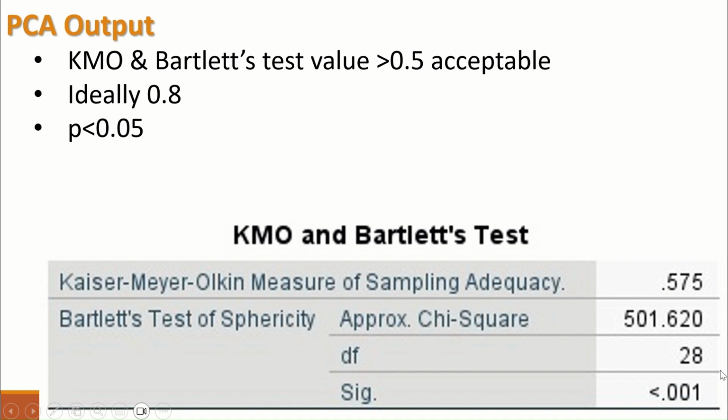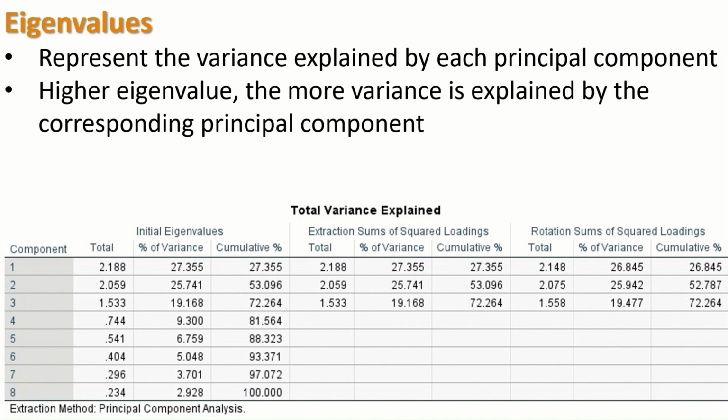The p-value should be less than 0.05, and for the eigenvalues, when performing the PCA, the eigenvalues are set as greater than 1. So what does this eigenvalue mean? It represents the variance explained by each principal component. The higher the eigenvalue, the more variance is explained by the principal component.